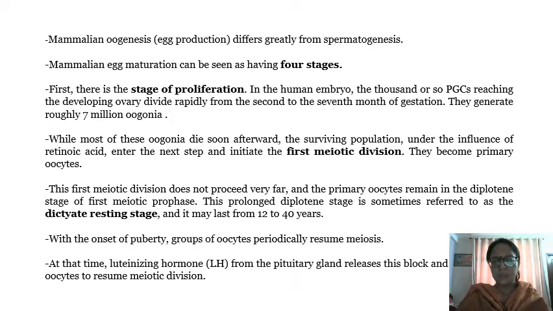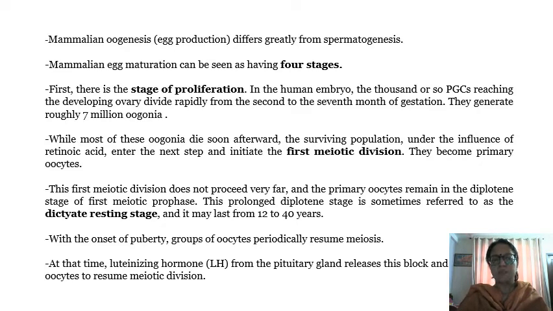While most of these oogonia die soon afterward, the surviving population, under the influence of retinoic acid, enters the next step and initiates the first meiotic division. They become primary oocytes.